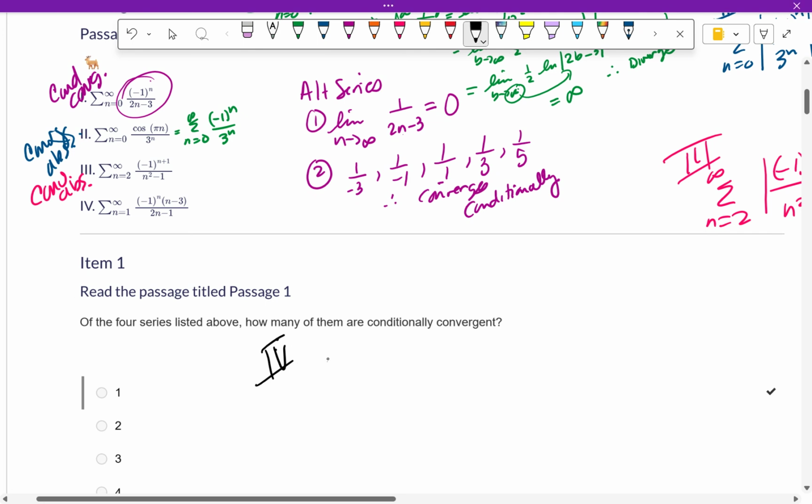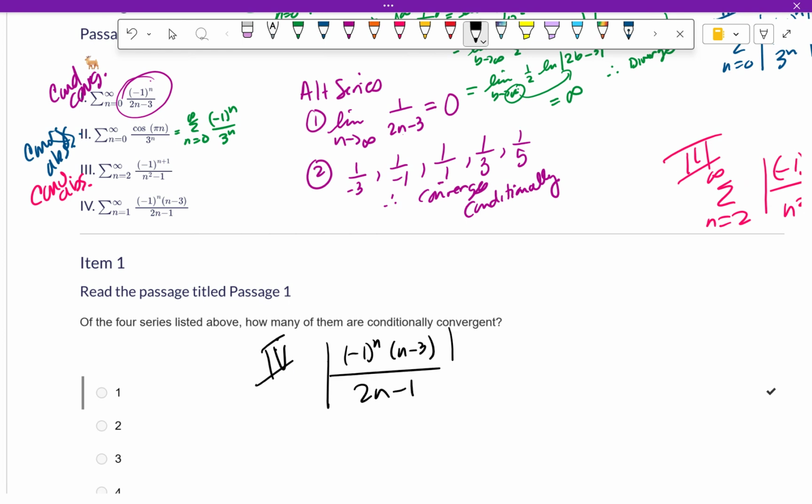So if I do the absolute value of the -1 to the n, minus 3 over 2n minus 1, I forgot my series notation. It was 1 to infinity. So that would be n minus 3 over 2n minus 1.